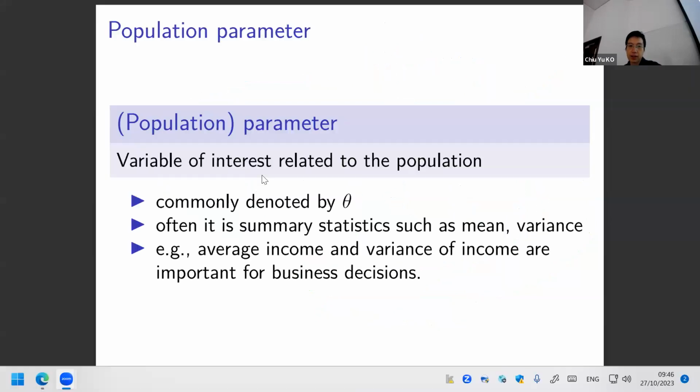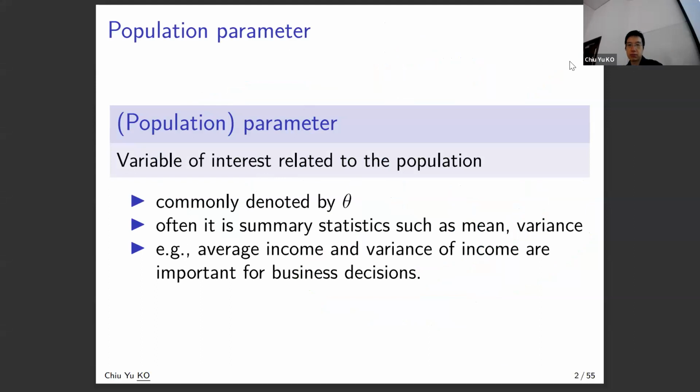Now here we have to introduce some terminology, but it shouldn't be a very deep thing. We'll call parameter the variable of interest in the population. Often, as I said, we care about mu and sigma square, right? That's the main thing.